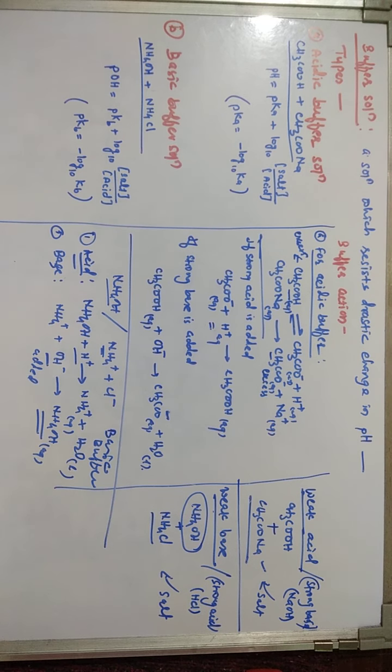In this way OH minus ions are used up and the base is neutralized by the basic buffer. So this is the action of the basic buffer towards the addition of acid and bases to maintain the pH constant. So this is about the basic buffer solution.